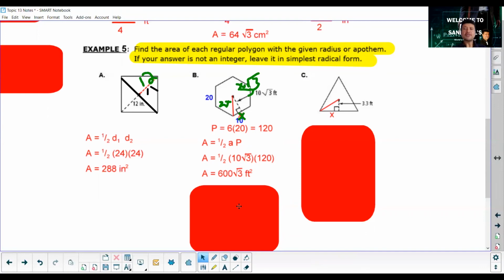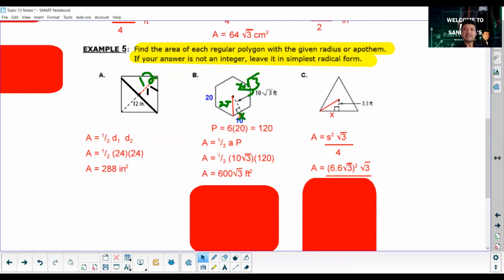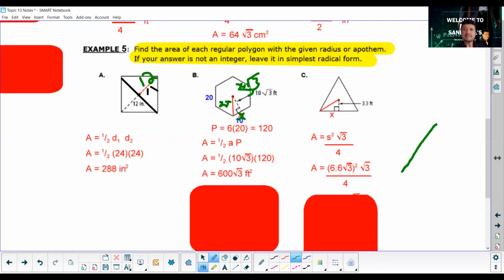Okay, on the last one, we're going to use a formula that we know because it's an equilateral triangle. This is that same trig formula, and I'm taking it from this 30-60-90 triangle. This is 30, this is 60, this is 90. Let me erase it so I don't have to redo the whole thing.